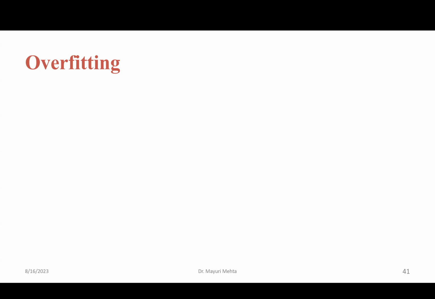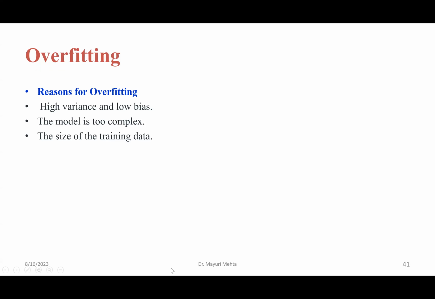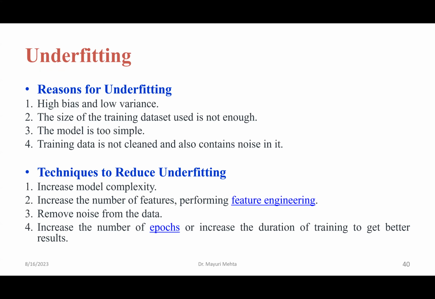Here are the probable reasons for overfitting: high variance and low bias. You can see that it is different from underfitting. In underfitting, there is high bias and low variance, while for overfitting, variance would be high and bias would be low.